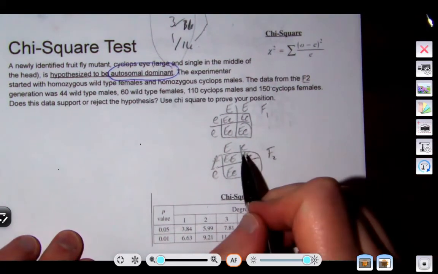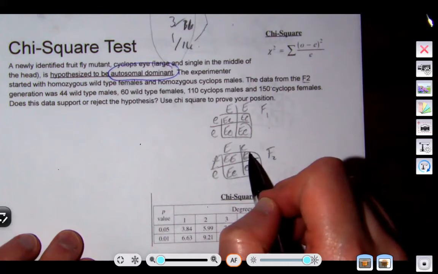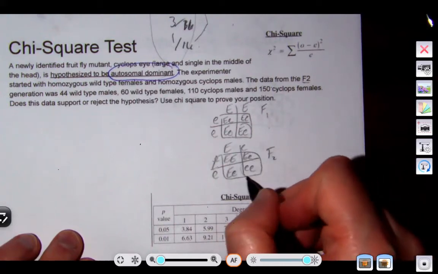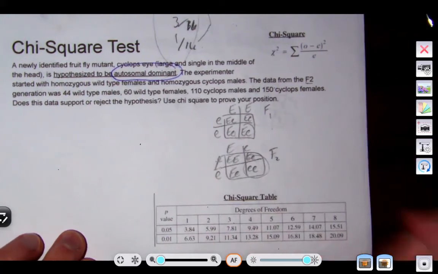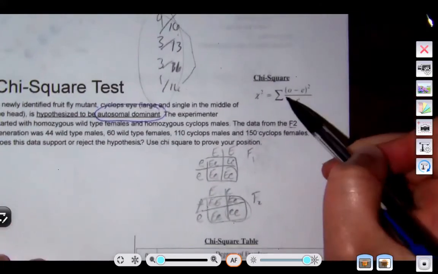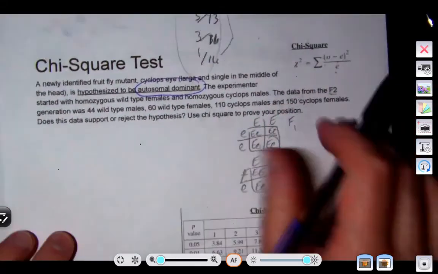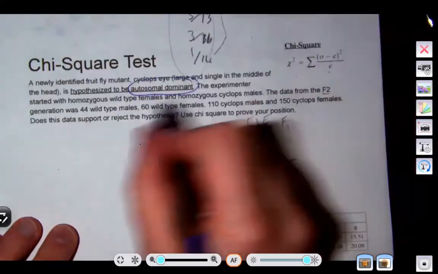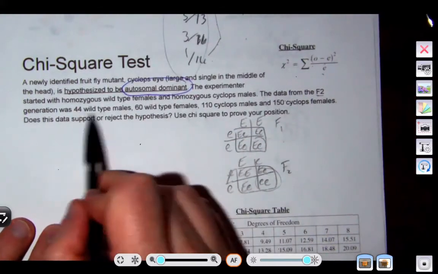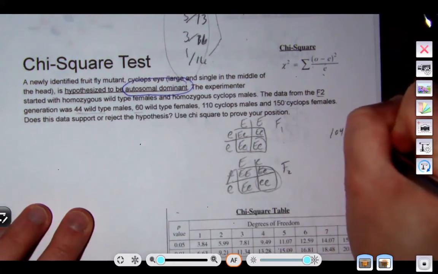And so we should know that we should get 75% Cyclops and then 25% normal. And so what we're going to do is we're going to use chi-squared, which is observed minus expected divided by expected. So in this case, our wild type is going to be 44 and 60, so 104 wild type.